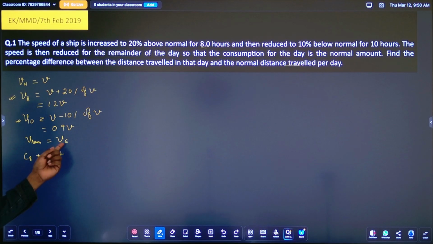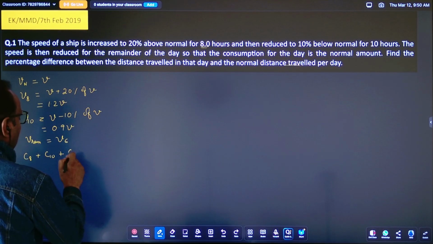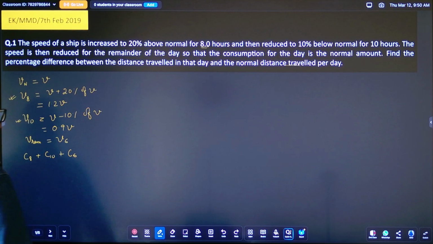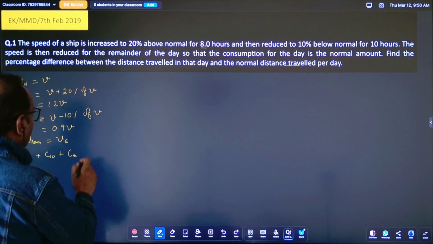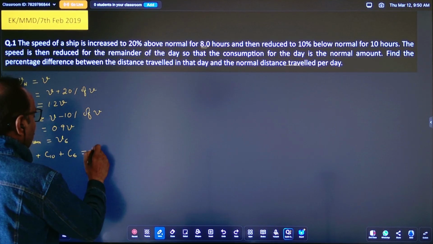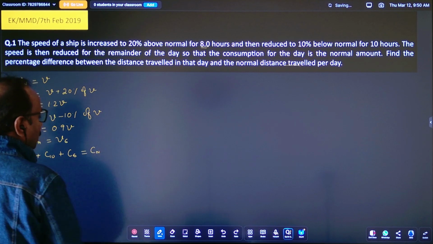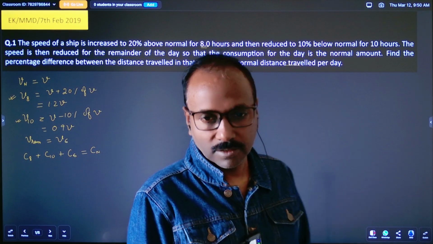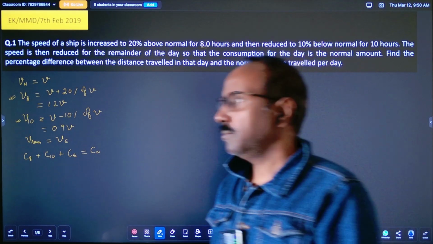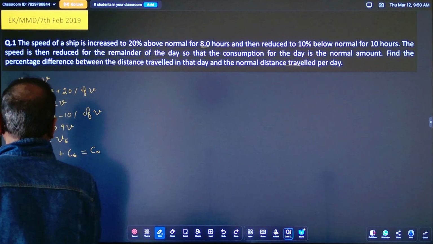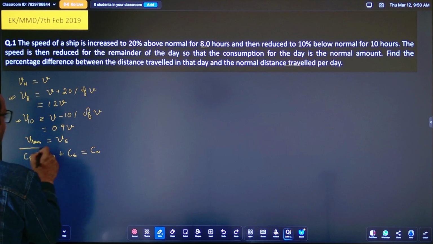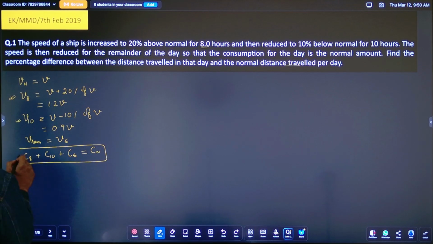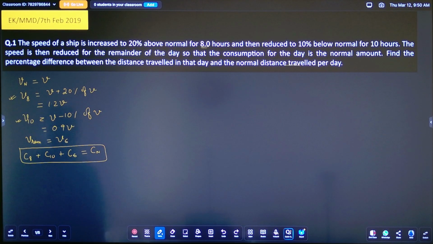When it sailed with V6 for 6 hours, the consumption is C6. So this is equal to the normal consumption for the day if the ship would have been sailed with normal speed. So this is the condition given in the question. We have this information now.